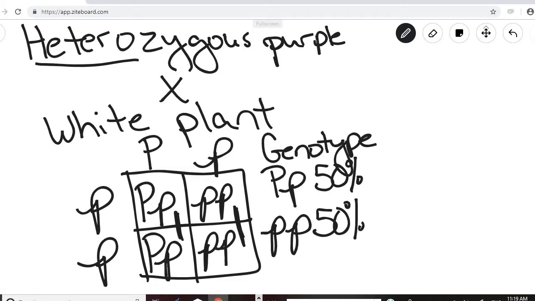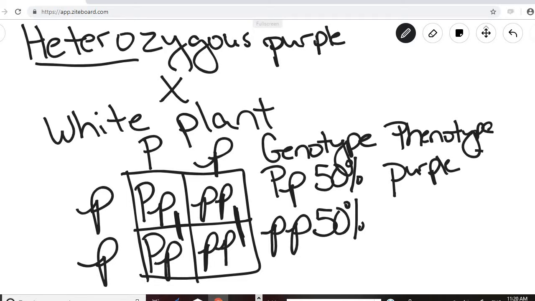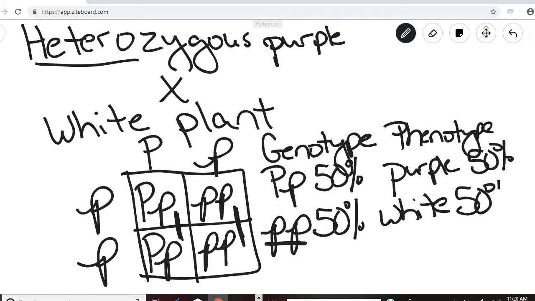So for phenotype, 50% would be purple, and these would be white because they have both of the recessive alleles, so 50% would be white. Okay.